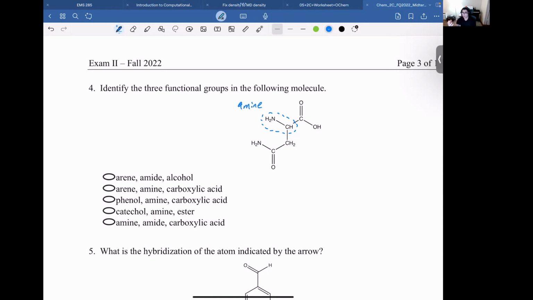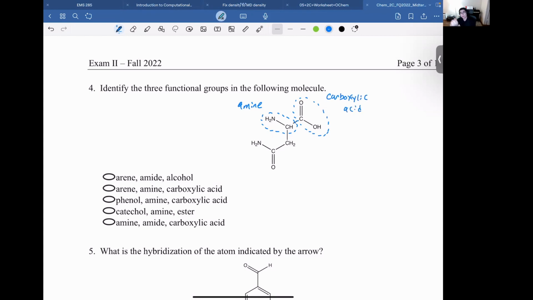So it's a carbon-nitrogen bond without C double bond O on that same carbon. So that's an amine. Up here, we have this carbonyl. What dictates what kind of functional group the carbonyl is, is the thing that hangs off it. If it's 2 carbon chains, it's a ketone. If it's an OH group like we have here, this is what we call a carboxylic acid.